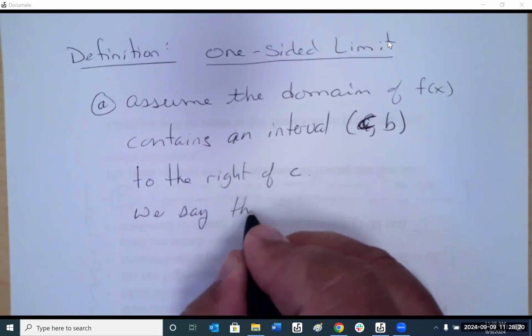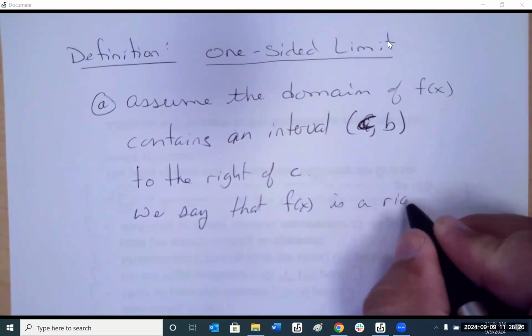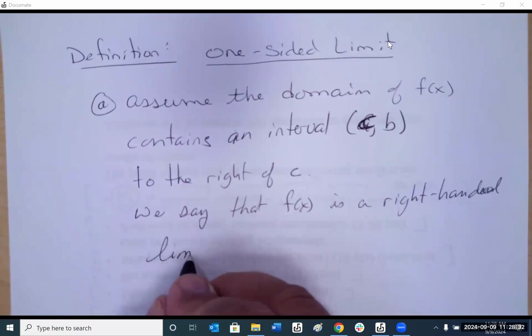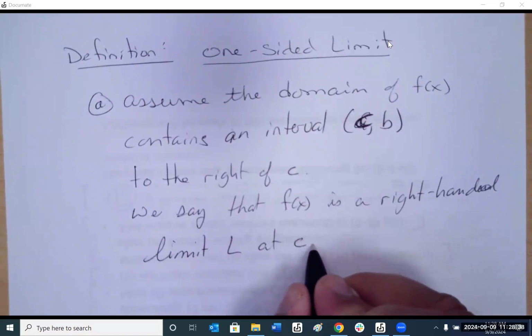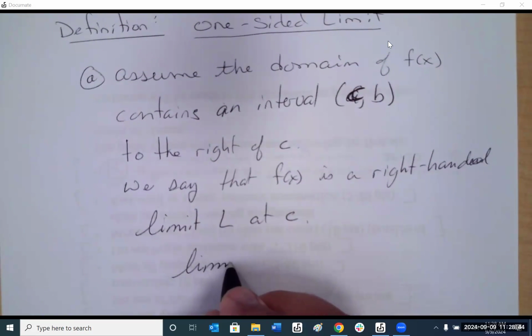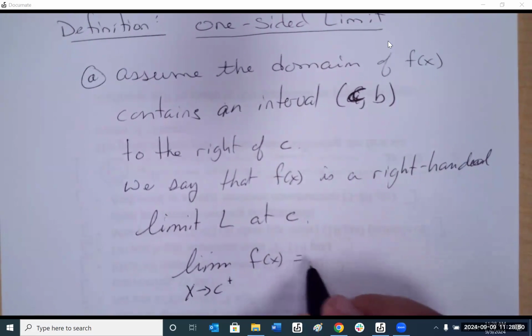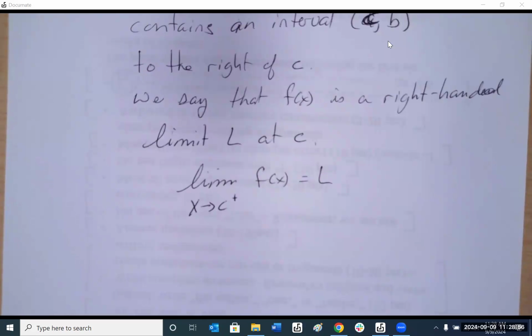We say that the function f of x has a right-handed limit, and we'll call it L, at C. And we write it this way: the limit as x approaches C from the right of our function is equal to L. How do we know that's true and how it exists?